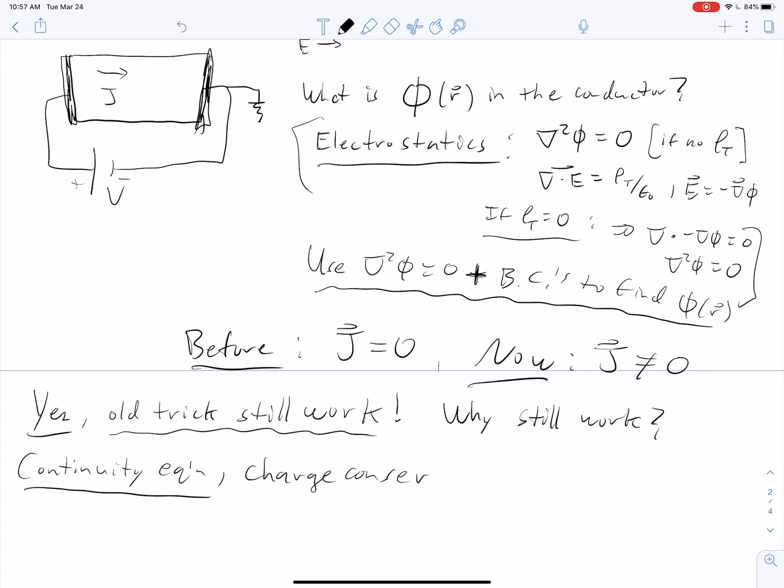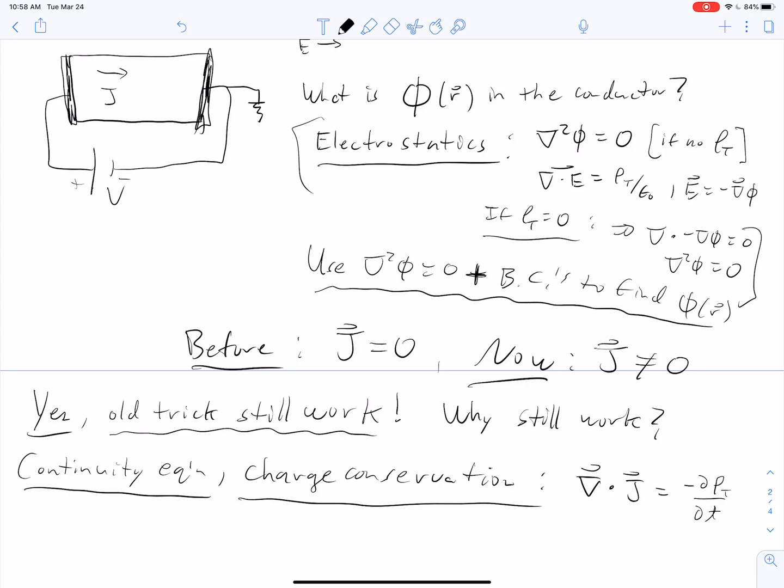Remember that charge conservation is a way of saying that charge is neither created nor destroyed. We discussed this before in class, and we remember that if I have some divergence in the current density, then that has to be associated with a change in the total charge density. That rho is the rho total.